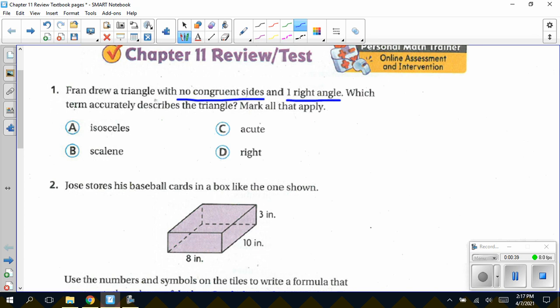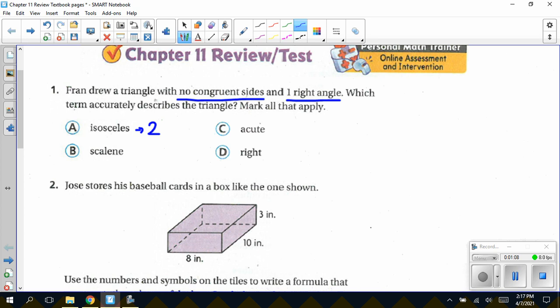So working with the sides first, I noticed choices A and B are going off of side length names. So isosceles, if you recall back in lesson 2 when we were working with triangles, isosceles means that we have two sides that are congruent. And my hint for that lesson was you have two eyes, and when you say isosceles, there are two sides that are congruent.